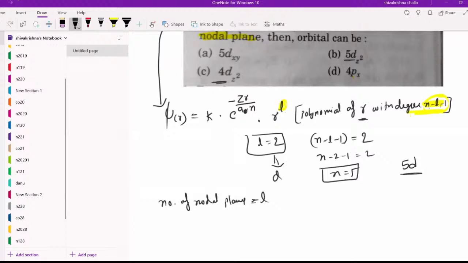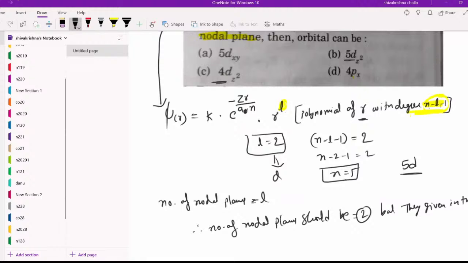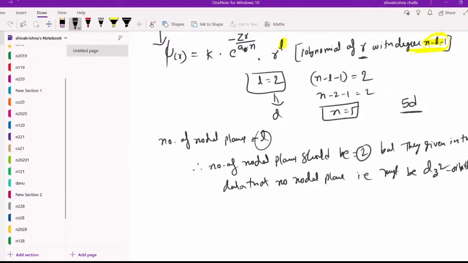Therefore, the number of nodal planes should be 2. But they gave in the data that there is no nodal plane. That must be the dz square orbital. Why, sir? Even though the l value is 2 and the number of nodal planes equals l, which is 2, the dz square orbital has no nodal plane. Why, sir?